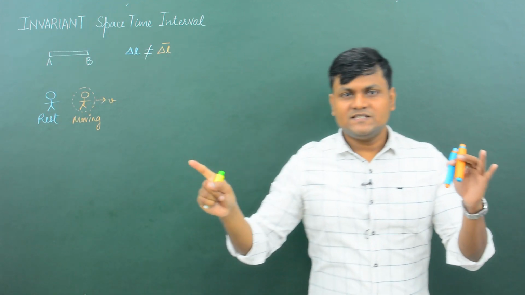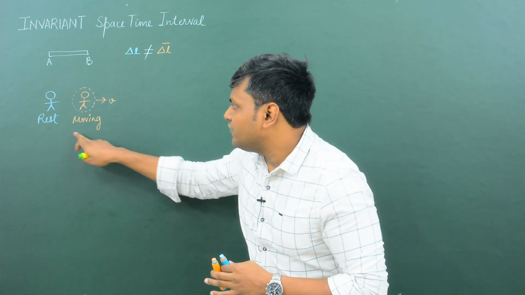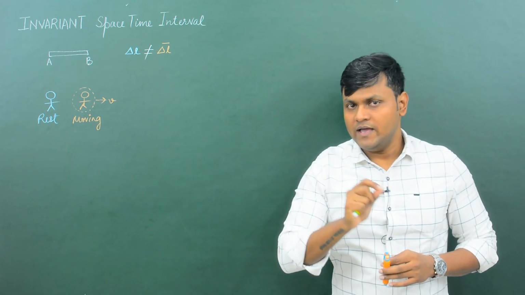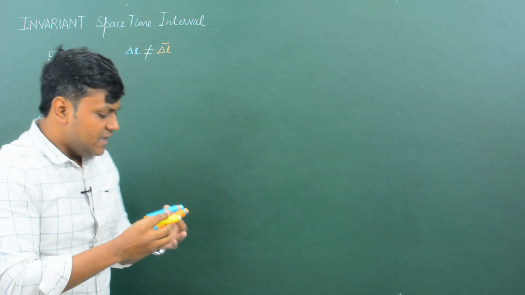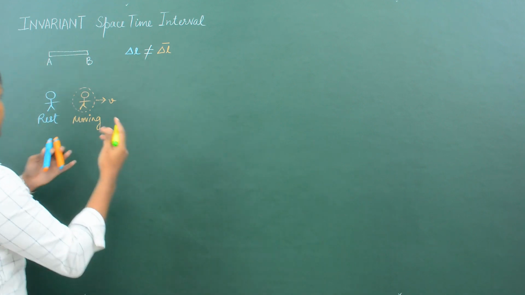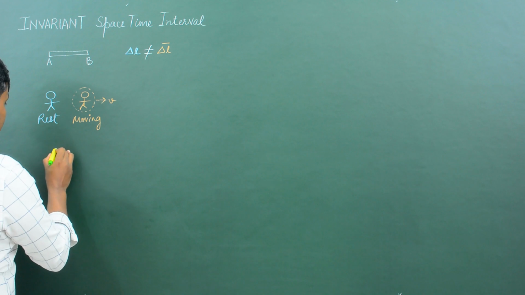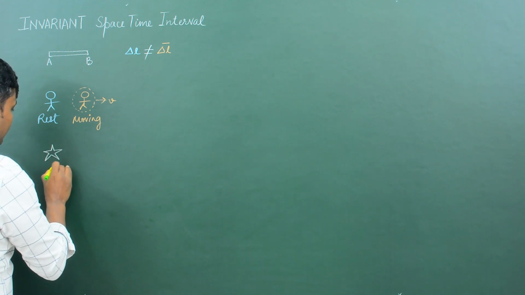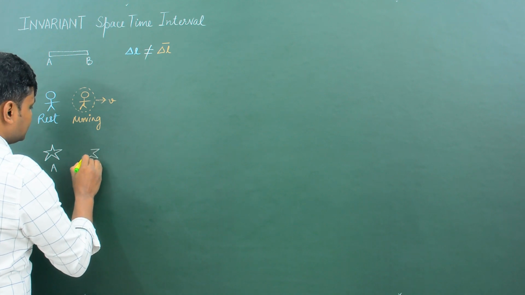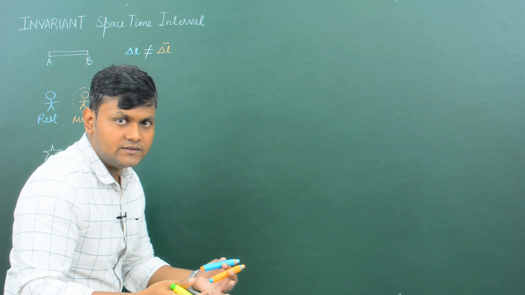The distances between the same points as measured by two different observers are not the same anymore, according to special theory of relativity. Similarly, suppose two events take place, some kind of explosions, explosion A and explosion B, that happen at different locations and different times.